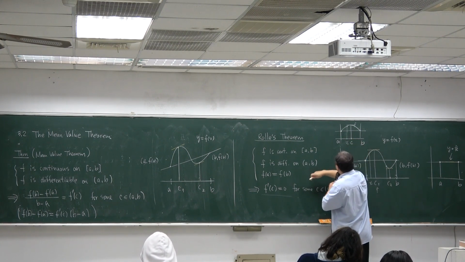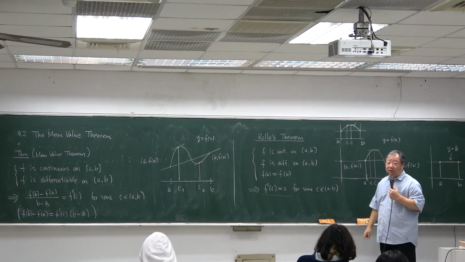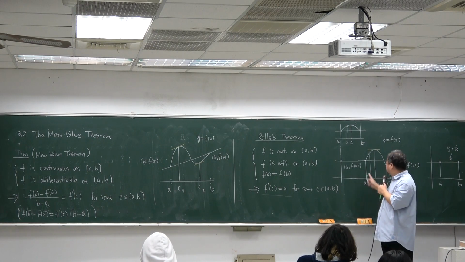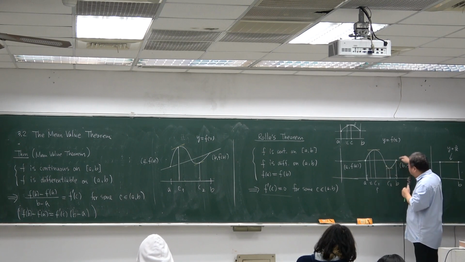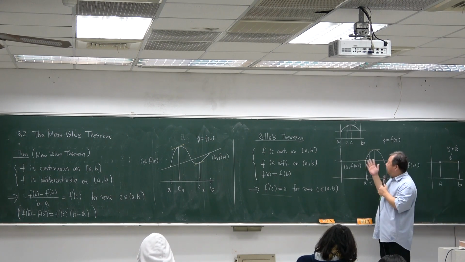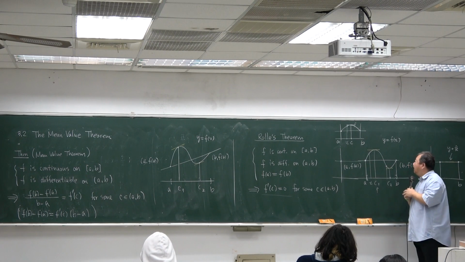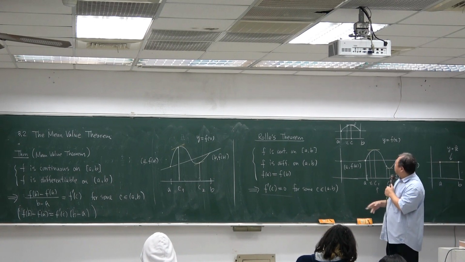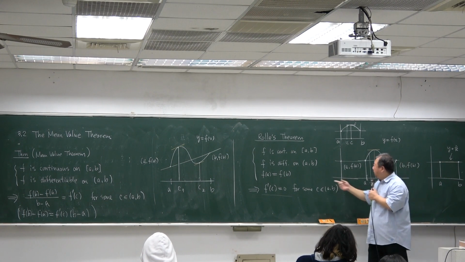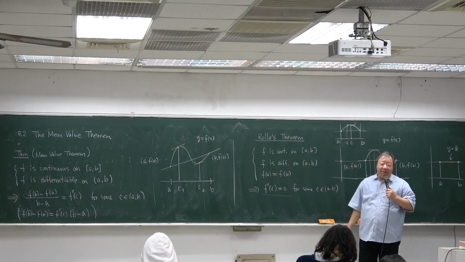So according to Fermat's theorem, the derivative is 0. It is the first case. Another case is like this. Some value of f is less than the common value at the boundary. Then the minimum of the function f will occur at some interior point. Interior point is differentiable and by Fermat's theorem, whose derivative is 0. Okay?